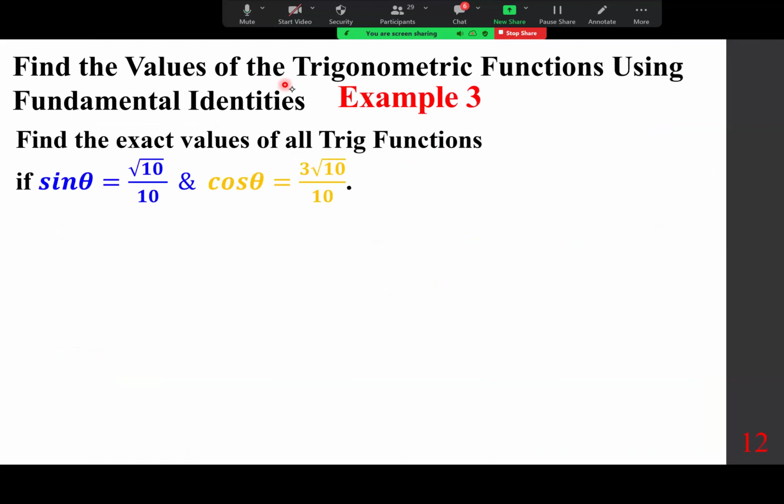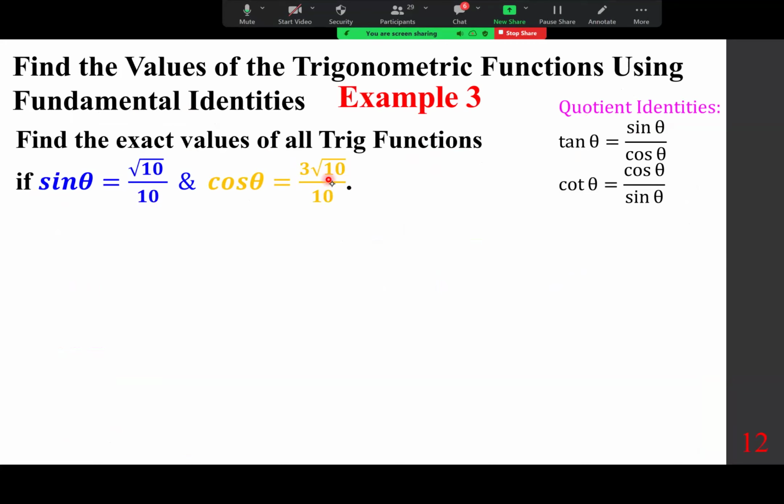Find the values of trigonometric functions using fundamental identities. For example, we want to find the exact value of all trig functions if sine is square root of 10 over 10, cosine is 3 square root of 10 over 10. And we are going to use the identities. If we start with the quotient identities, we know tangent is sine over cosine.